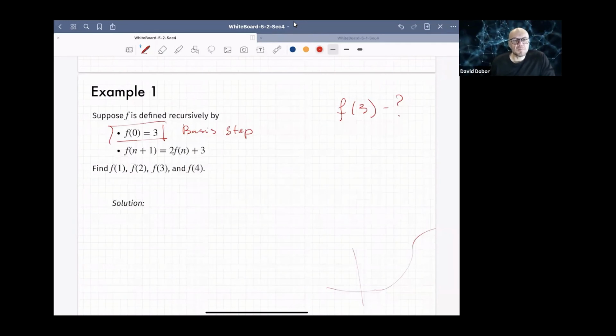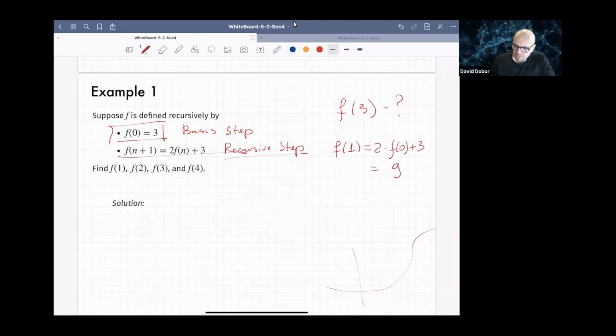There's no graph, but its values are recursively defined. So I know that according to this recursive step, f of 1 is going to be 2 times f of 0 plus 3. So that works out to 2 times 3 plus 3.